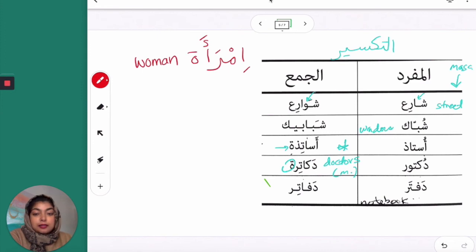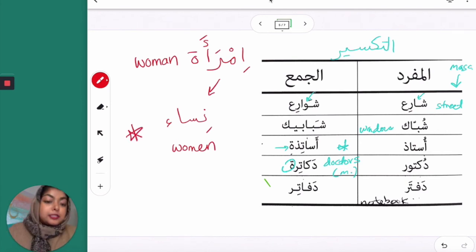Its plural is not imra'at. That's not a word. So imra'a is a word whose plural, whose jama' doesn't fit any of these. Its plural is actually nisa. Okay, meaning women. So this is one that you just need to memorize. It just happens to be a word that doesn't fit any pattern. Okay, because its plural is not broken, it's just a completely different word.